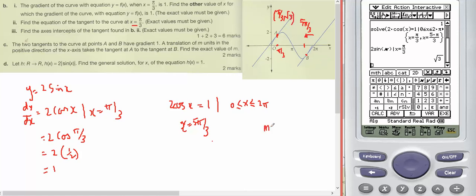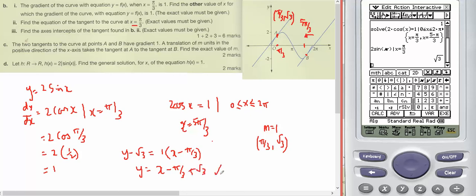So I know the gradient is equal to 1, and I know there's a point pi on 3 and root 3. Therefore I can use y minus y1, which is root 3, equals m, which is 1, times x minus x1, which is pi on 3. So y is going to equal x minus pi on 3 plus root 3, which is the equation of the tangent.